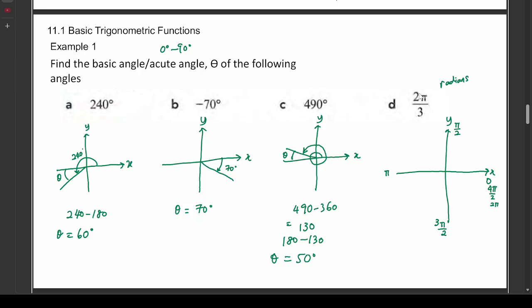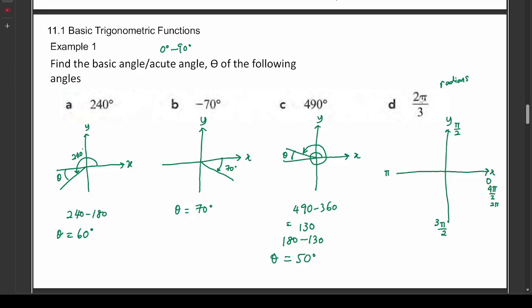So where is 2 pi over 3? It is definitely smaller than pi, but it is more than pi over 2. If you make it the same denominator, this will be 3 over 6, and this is 4 over 6.